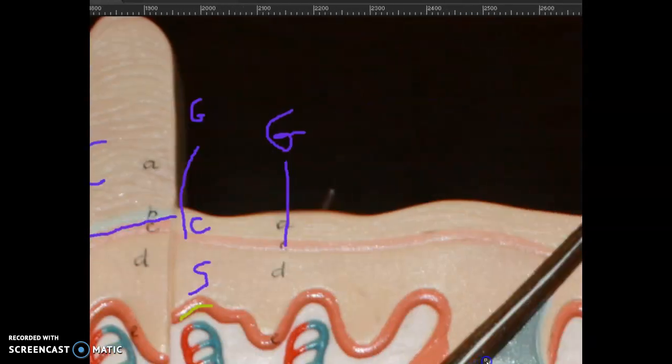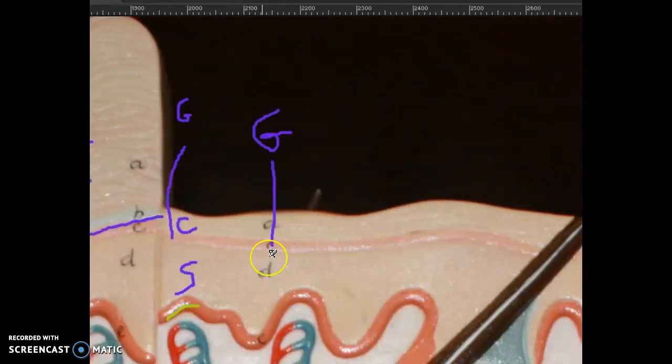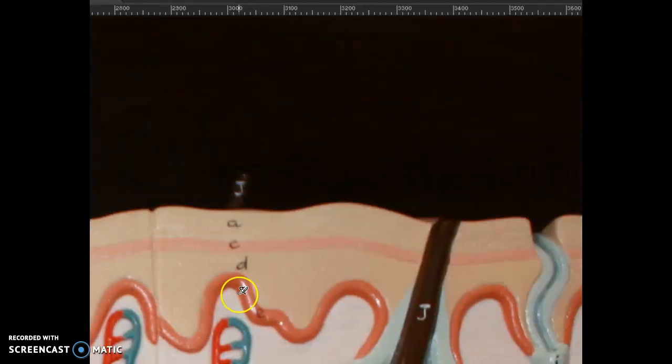If we scroll over here to the armpit, we're missing layer B. We just have corneum, granulosum, spinosum, and basale. Then if we scroll over here, we have the same thing. This is the hair scalp. We have corneum, granulosum, spinosum, and basale.